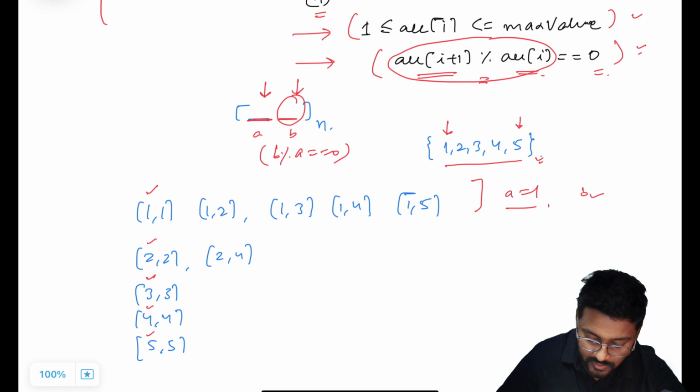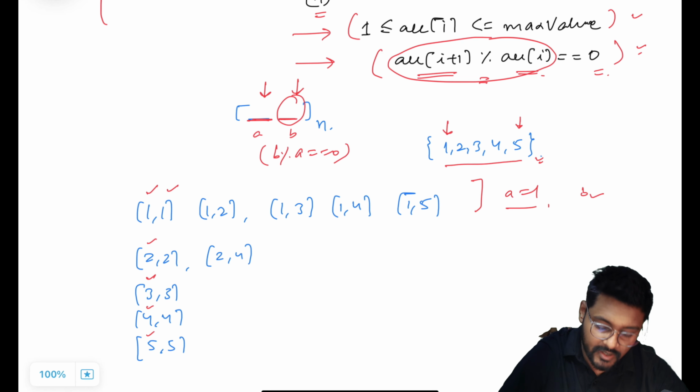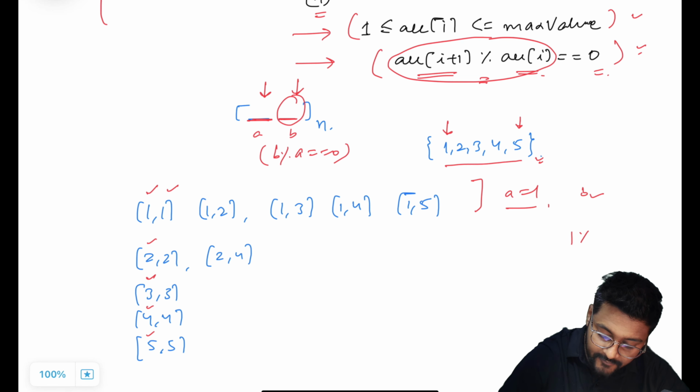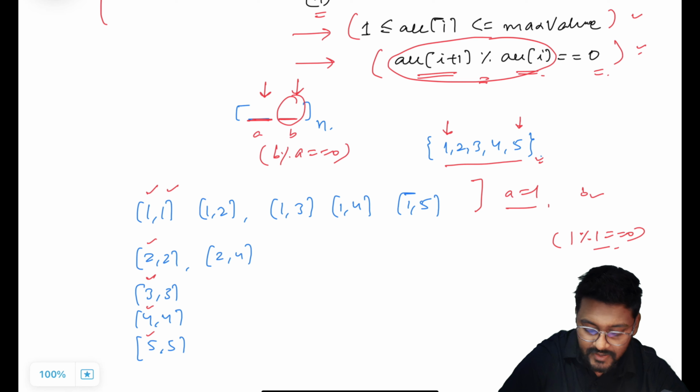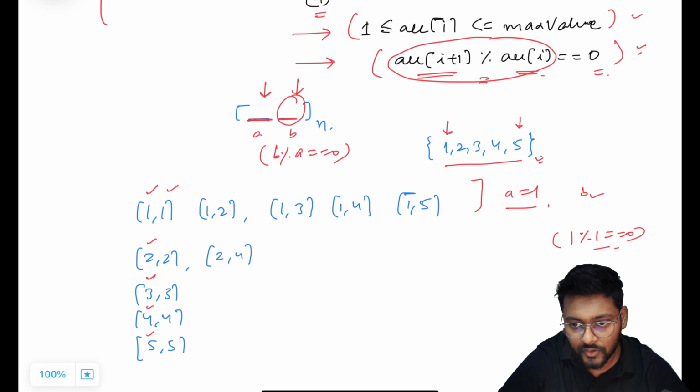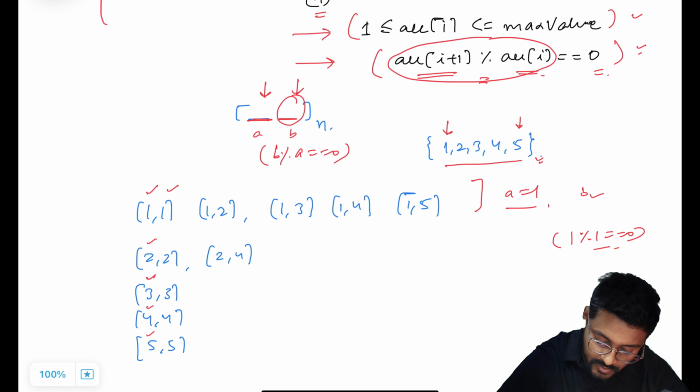So that's why I have taken every single element. And here I have chosen 1 again. Why? Because every element is divisible by itself, right? A is definitely divisible by A. So that's why we are going to pick the same element again. So with 1, I can pick anything: 1, 2, 3, 4, 5.